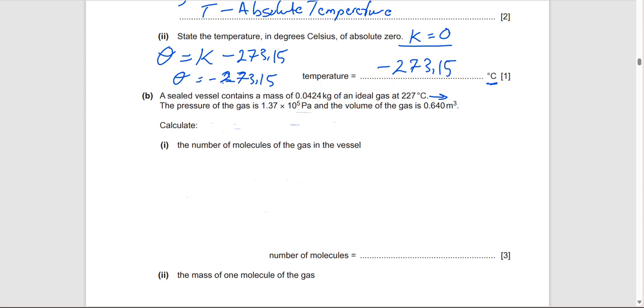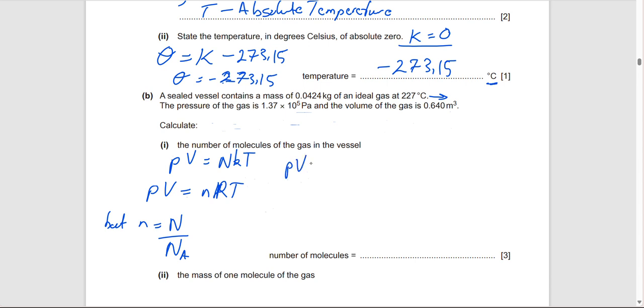Okay. So what you actually do is we use the equation PV is equal to NkT. But I want to show you where this equation comes from. So remember you have your classic PV is equal to nRT, right? But n is equal to the number of molecules over the Avogadro constant, right? Then you just substitute it into that equation.